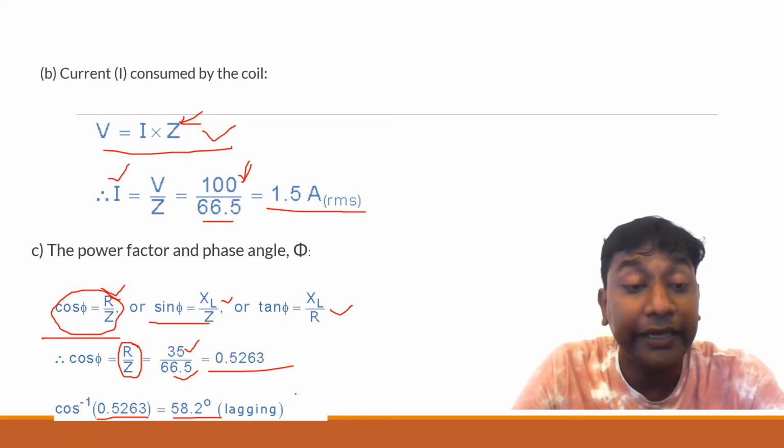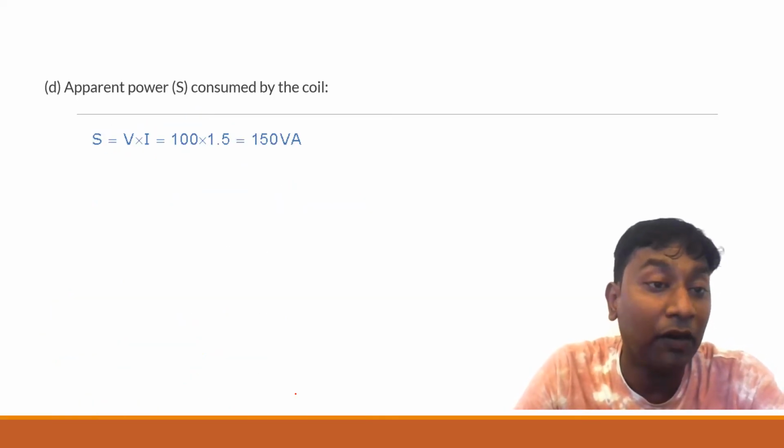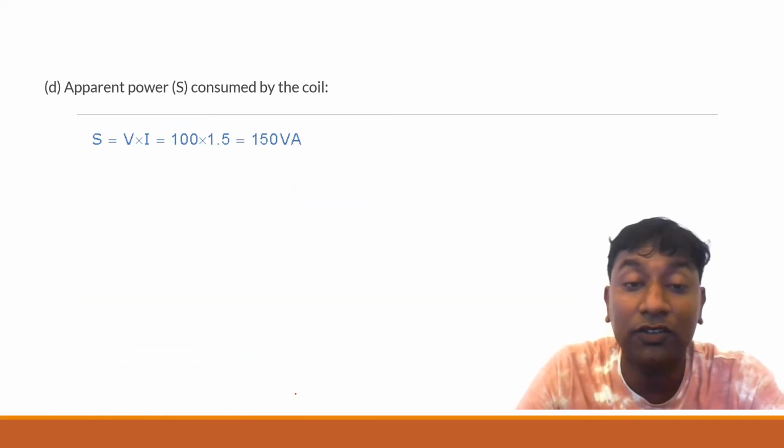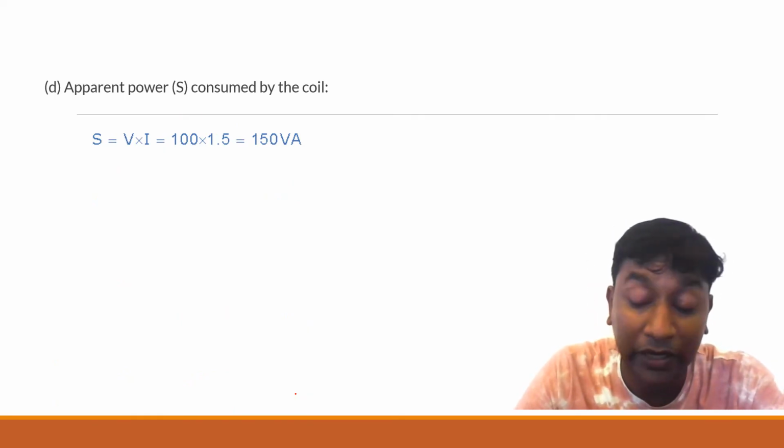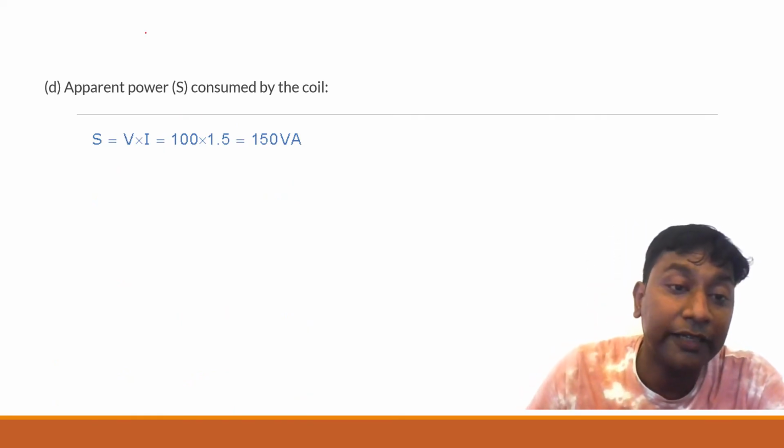Okay. Now coming to the next, we will calculate some power. So that is the apparent power consumed by the coil. So what is the apparent power? Apparent power is just the multiplication of VRMS into IRMS.